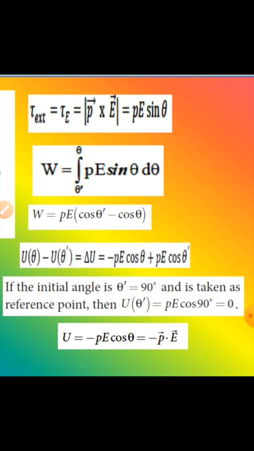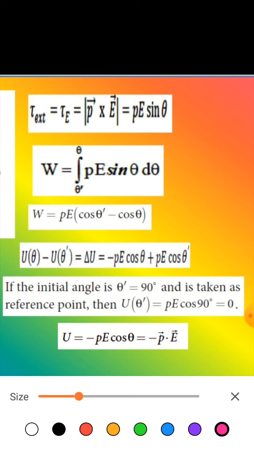Therefore, tau external is equal to tau E, which is equal to the modulus of P vector cross E vector, otherwise equal to P E sin theta. Then the work done W is equal to the integral, substituting the value of tau E, P E sin theta d theta.